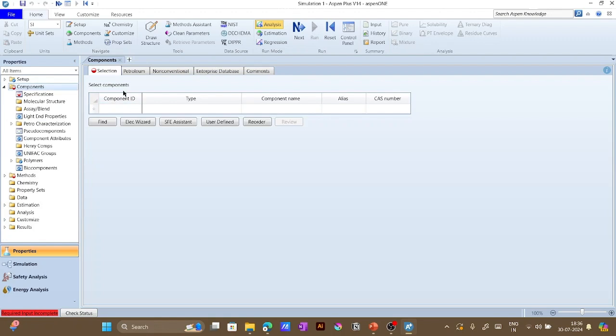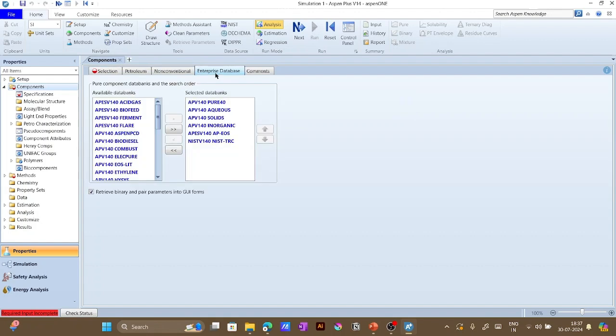Then the first important thing is the selection of the compound. For the compound selection, as I was saying, we have the data banks which are available. Here you can see there is a tab of Enterprise Database, where these databases are already preloaded.